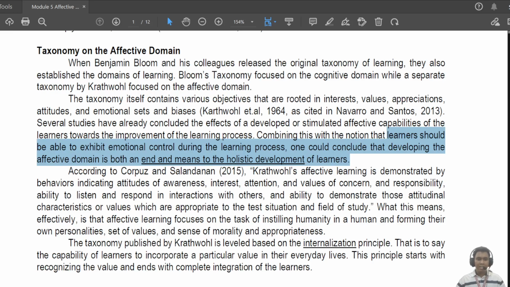It means that the end goal of learning, or one of the end goals of learning, is to have a developed affective domain, to have developed values or traits or attitudes. And at the same time, in order for you to learn properly, you must have a good disposition towards learning, a good attitude towards learning.